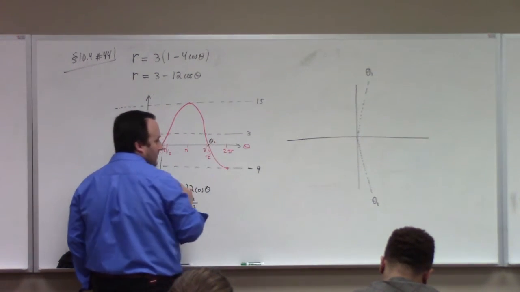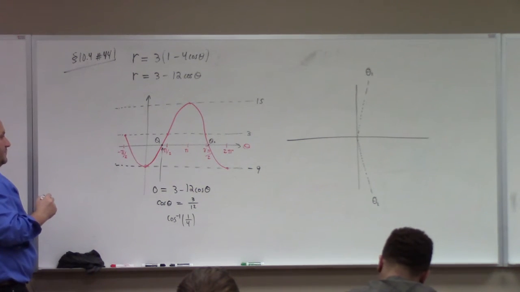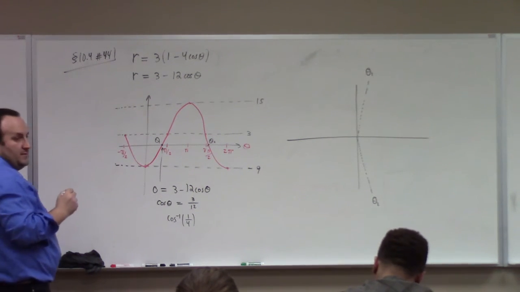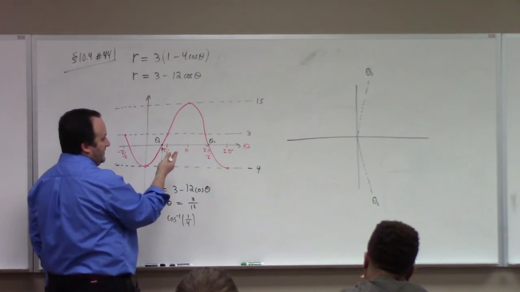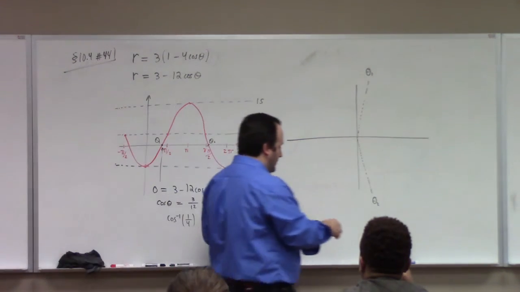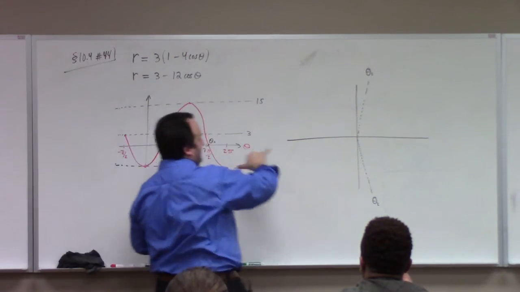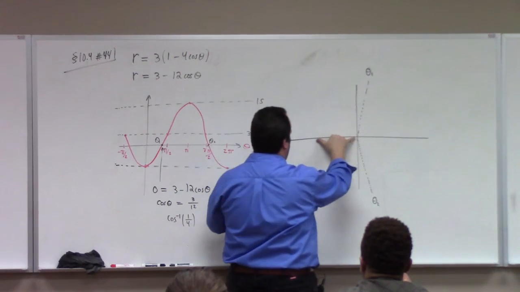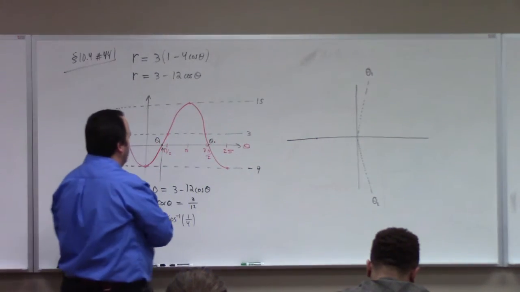All right? And what happens between those angles? A little bit before pi over 2, we start out at 0. When we get to pi, where are we? Radius 15. So if I use the same scale, it's like that. At pi, right?